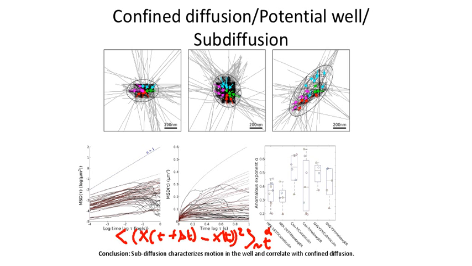And indeed, this is alpha equals 1, and we found here that most of the slopes, the exponent alpha, were below 1, as can be seen here and also here in the second graph.